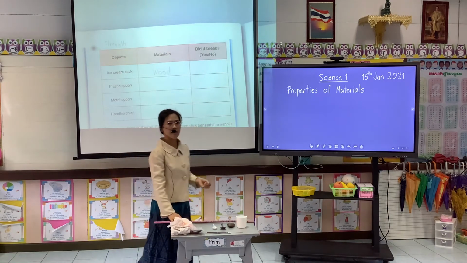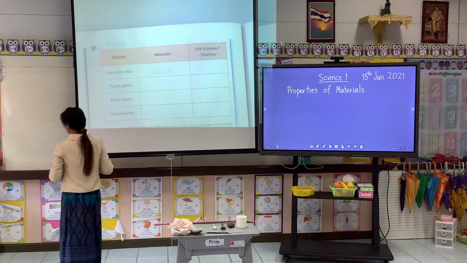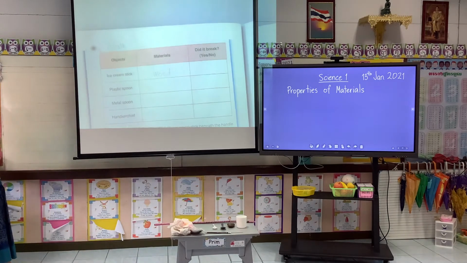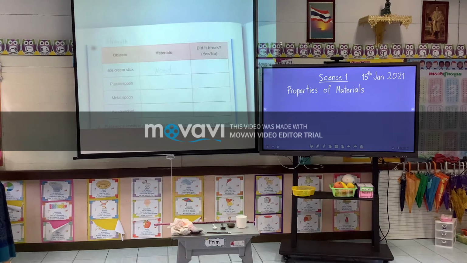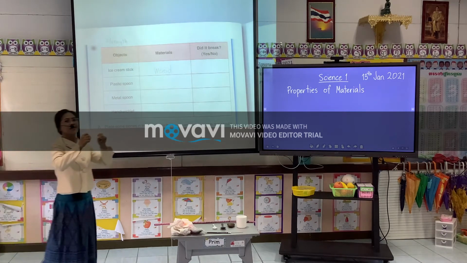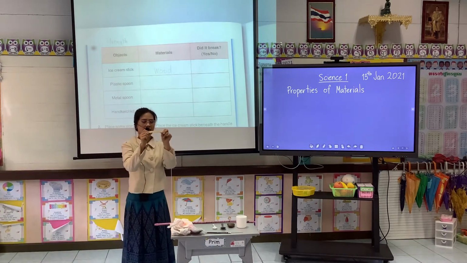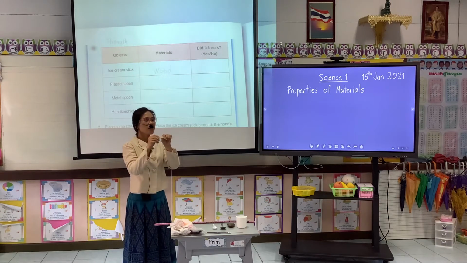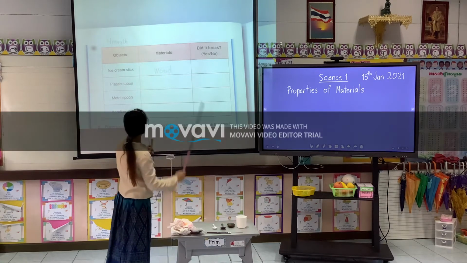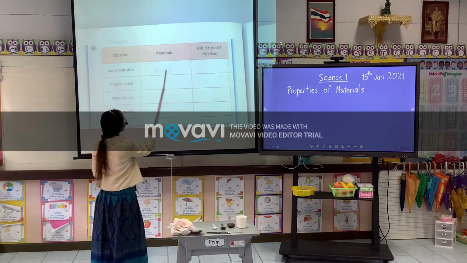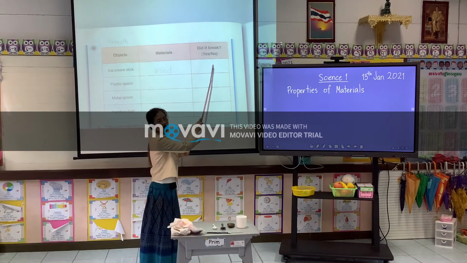Now, did it break? It says here, we are going to check the strength by seeing whether it breaks. I'll try to break it. Yeah, okay? So the wood, the ice cream stick can be broken.